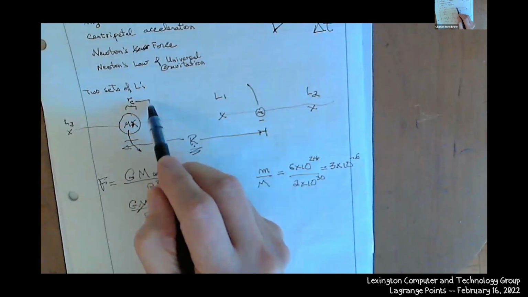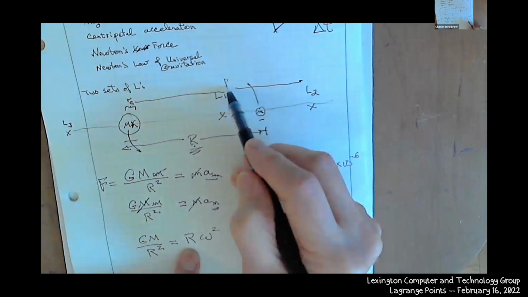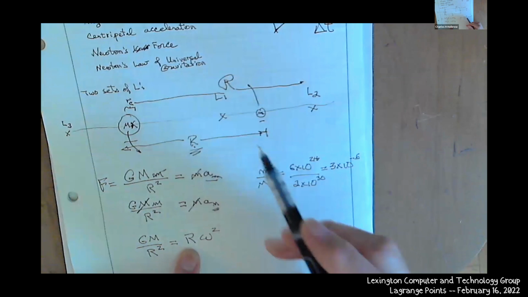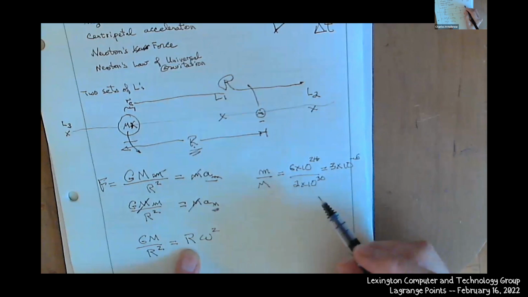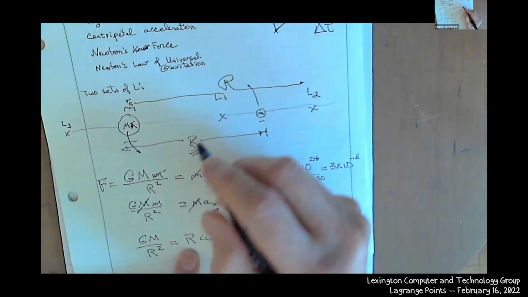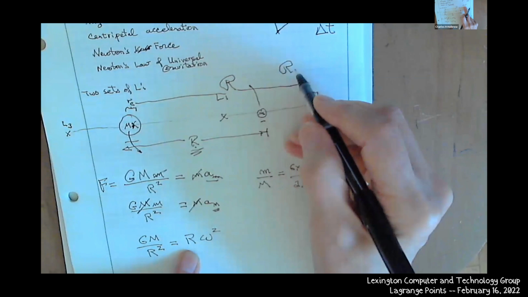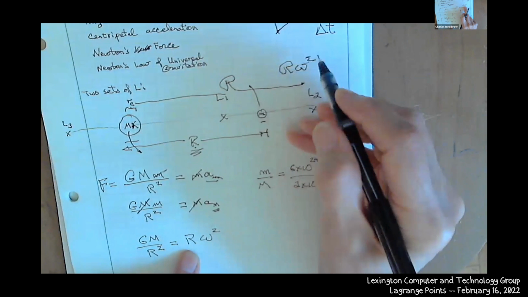And I'll use something like a big script R. You're going to be able to produce the sum of this acceleration and this acceleration will produce a script R omega squared, where omega squared is the angular velocity of the Earth, the one that you're trying to match.